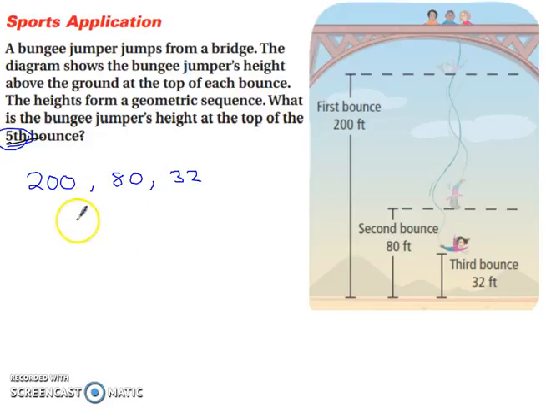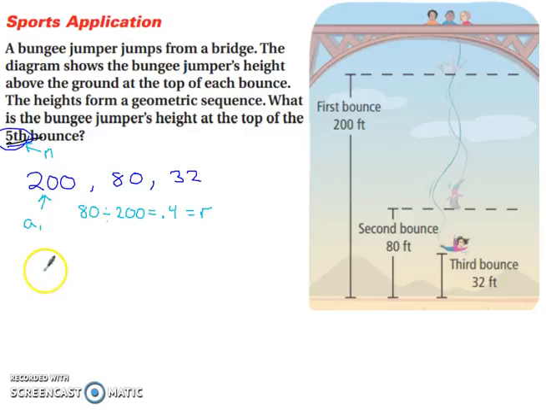So what's the common ratio? To find our common ratio, we can simply take our second term and divide it by our first. And when we do, we end up with 0.4. So now we have our r value, we have our n value, and we have our a sub 1.